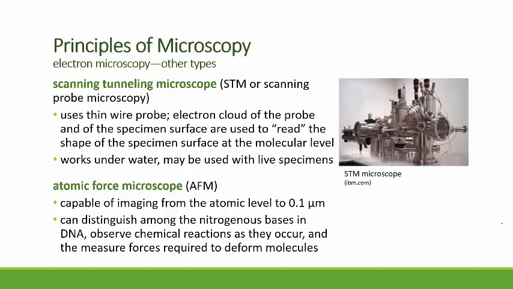As that probe makes its way and fingers the specimen, the electron cloud changes shape, and that tells us about the shape of the specimen at the molecular level. So we're looking at the shape of the atoms in the molecules. And because STM works underwater, it can be used with live specimens, if you can pin those live specimens down, if they're not moving around.